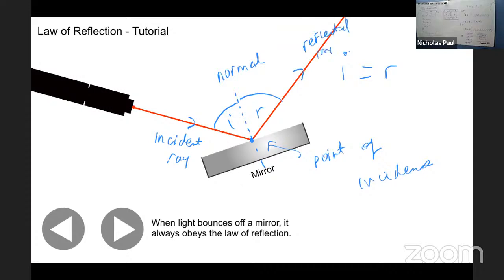When a ray undergoes reflection, I is equal to R. I is your angle of incidence, and R is your angle of reflection.